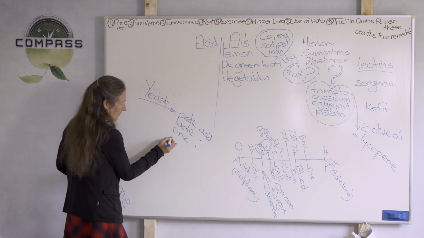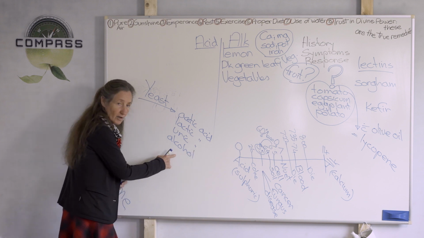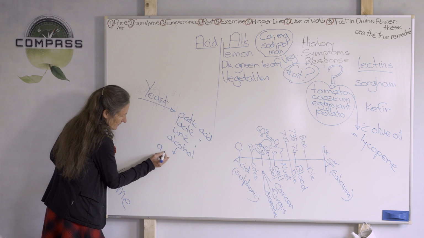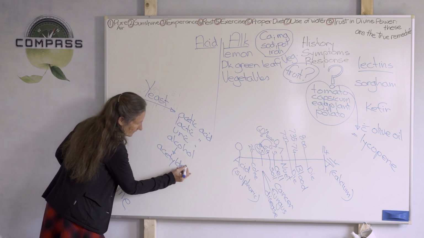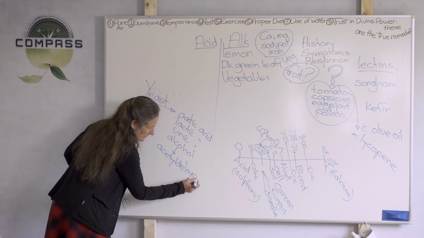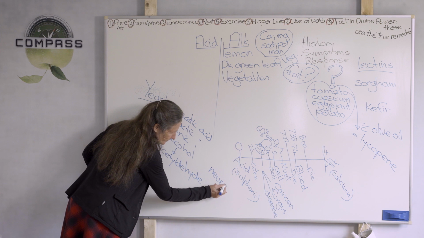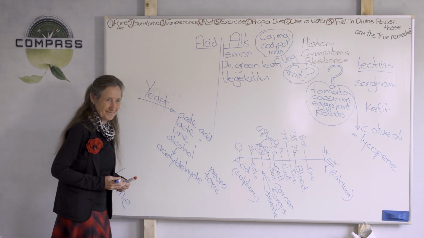And it gives off alcohol. Alcohol, when it breaks down in the liver, is converted to acetaldehyde. Acetaldehyde is a neurotoxin. What's a neurotoxin? Brain killer, brain poison.